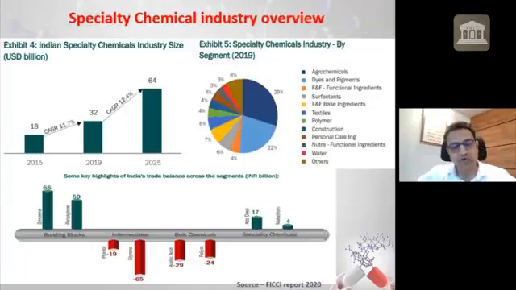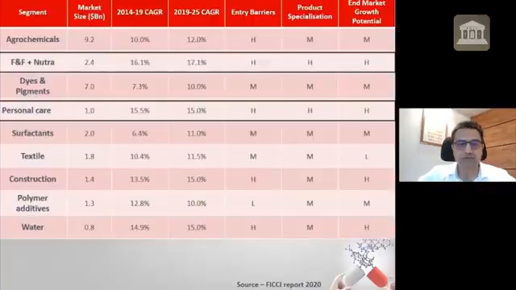We import these from China, convert them into specialty chemicals and export. In the future there will be many more plants in intermediates and bulk chemicals, so India will become self-sufficient in these chemicals, and there will be more export of specialty chemicals.